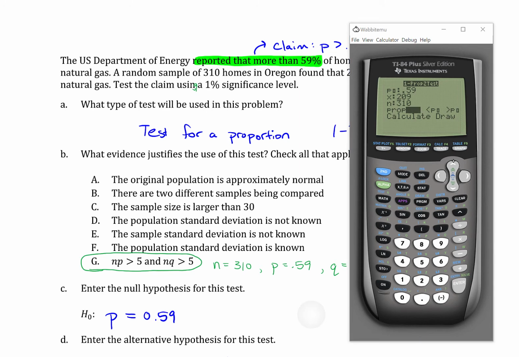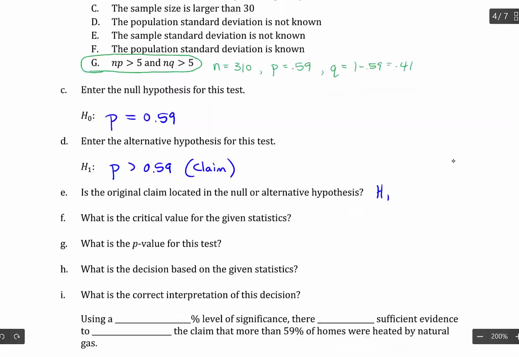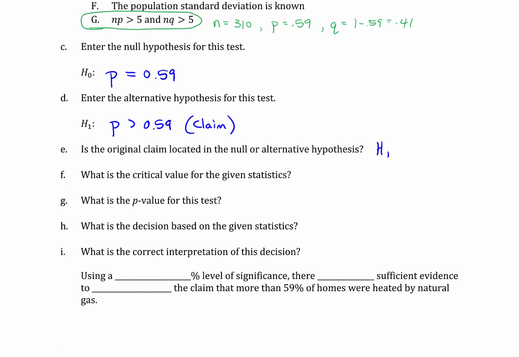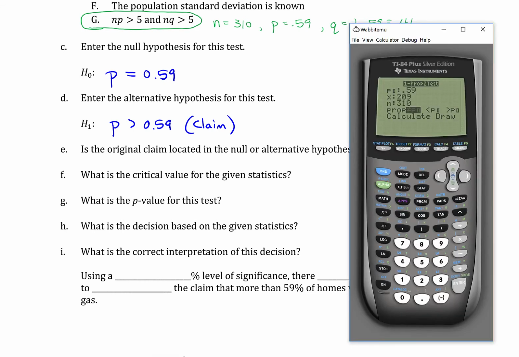And the alternative hypothesis tells us what type of test we would be using. Since this is a greater than symbol, it's a right-tailed test, but just match the symbol that's in the alternative. Then we calculate, and it will output the statistics.